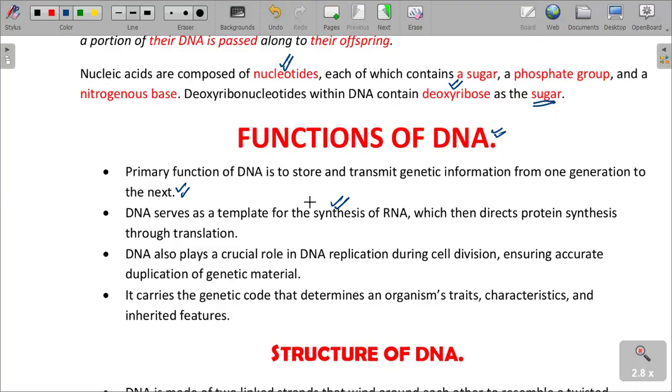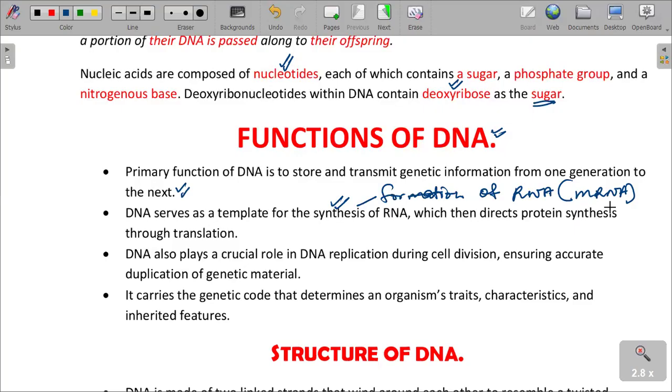So in terms of the synthesis, we are talking about the formation of RNA. The formation of RNA, which you need to take note of, is mRNA. When is that formed? During transcription.